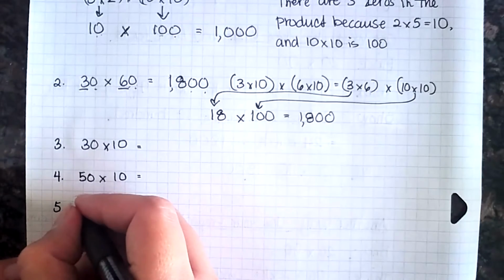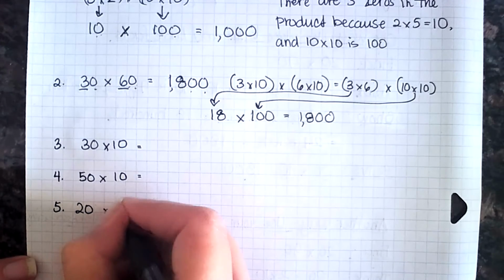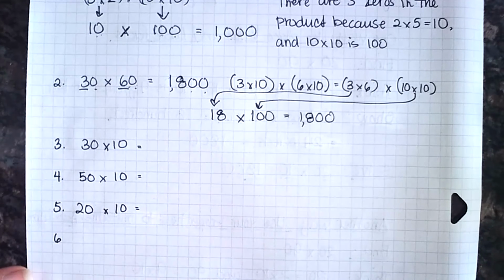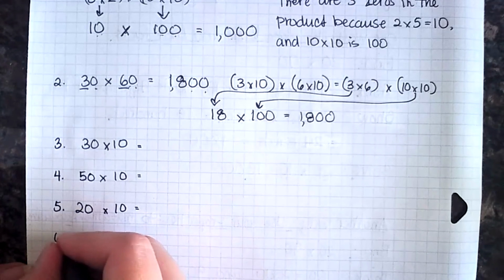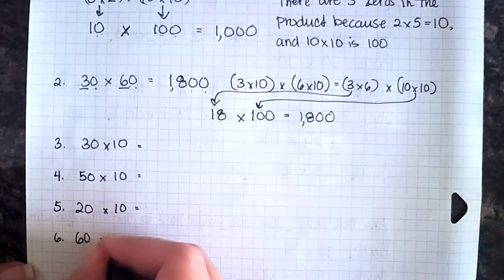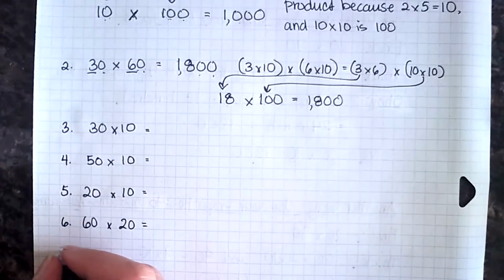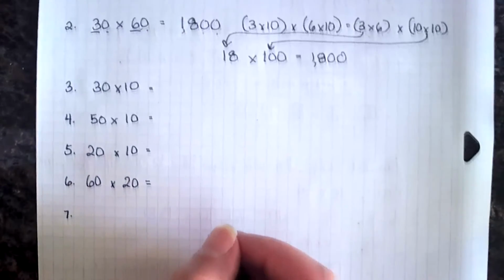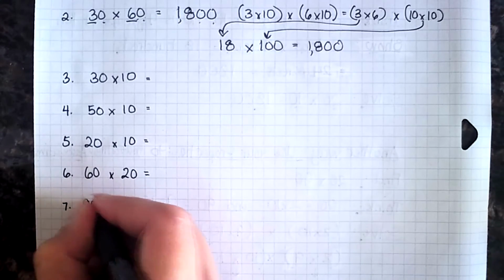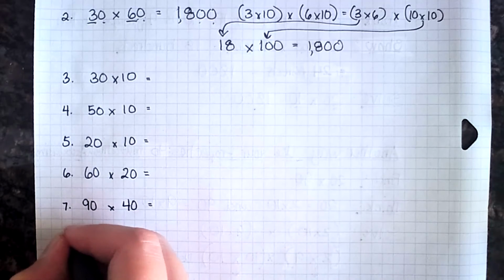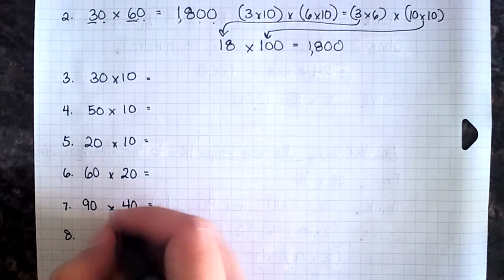I'm going to write all of these out and then we'll solve together. Number 6 is 60 times 20. Number 7 is 90 times 40. And number 8 is 80 times 50.